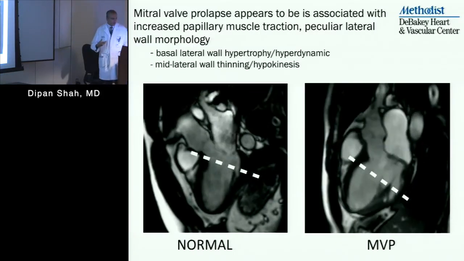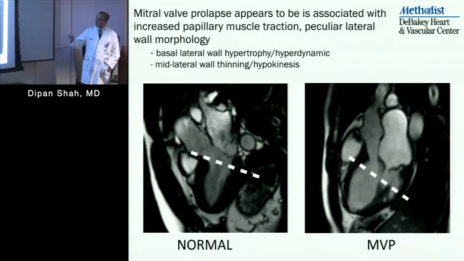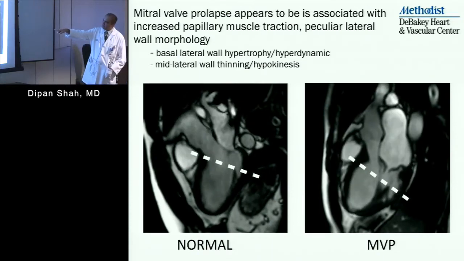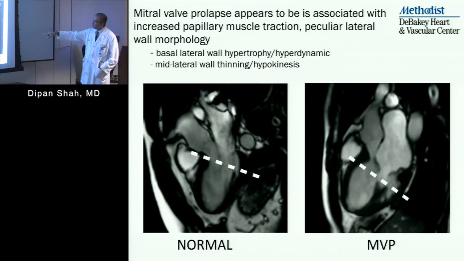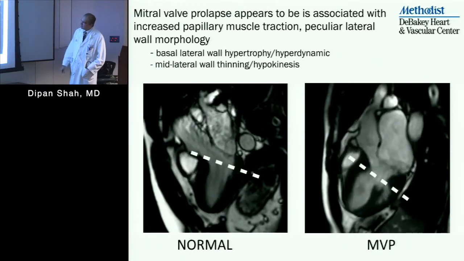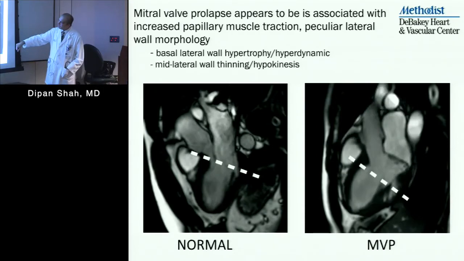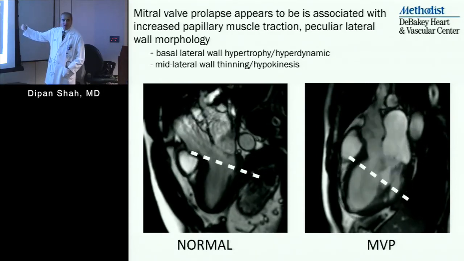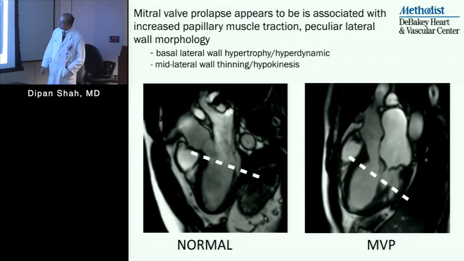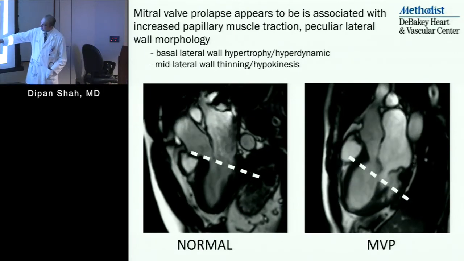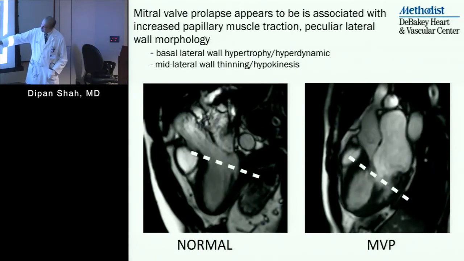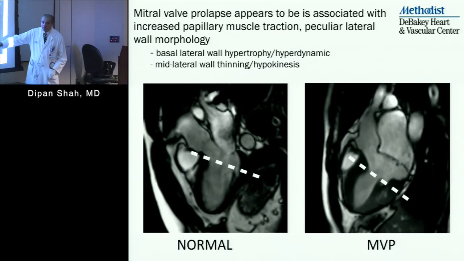Now what's interesting is if you look at morphology, I've got a normal example on the left-hand side, and a patient with prolapse on the right-hand side. You'll notice a couple of unusual findings in these prolapse patients from a standpoint of morphology and function, which is that they tend to have a thinning in the mid to basal infralateral wall.